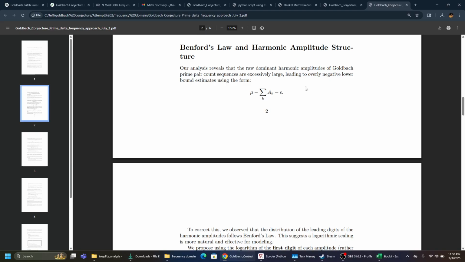The amplitude of these harmonic frequencies goes to infinity too early. It gets too large, and it causes negative lower bound estimates, which is a failure. If you have negative lower bound estimates, that means you didn't sufficiently prove that when this goes to infinity it's still going to work. So you don't want negative lower bound estimates. The reason it was negative is because the amplitudes were extremely large.